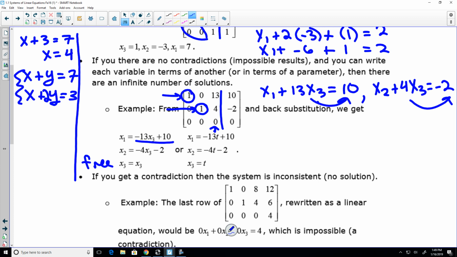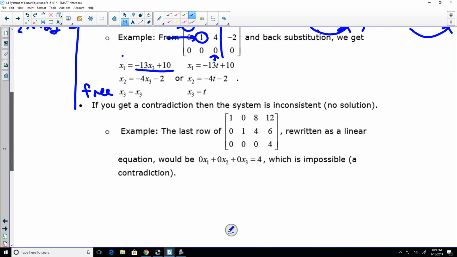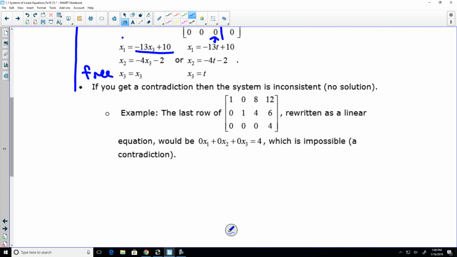I could make one of these 1, but I can't make it the first non-zero entry in the rows, whatever row I want to put it in. And then in the third example, we get 0 equals 4, which is a contradiction. So that's a no solution there.